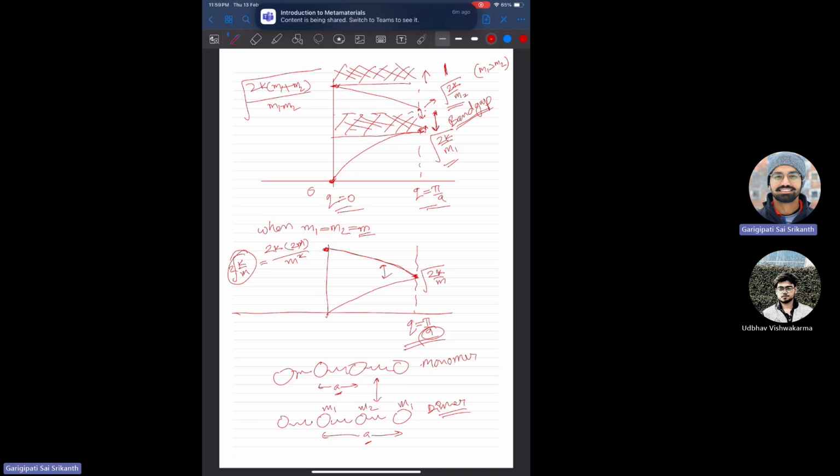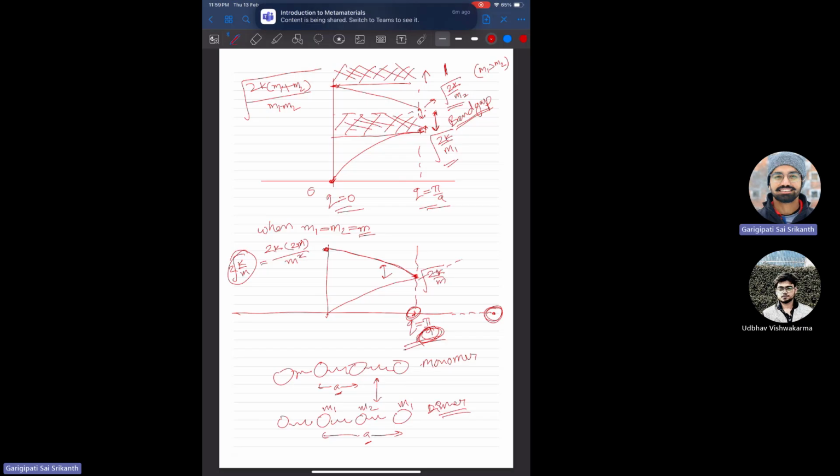So what has that led to? The value of A here is double. So if it weren't double, then for the monomer case, this is the Brillouin zone, and this is for the dimer case.